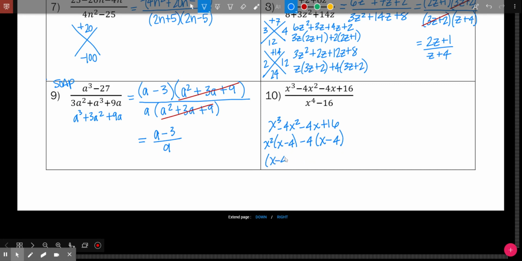So I have x minus 4 times x squared minus 4. Now, x squared minus 4 is a difference of squares. So I need to factor one more time. And this gives me x minus 4 times x plus 2 times x minus 2 for my numerator.